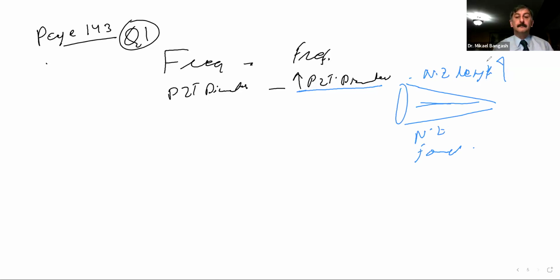Did that make sense? Because these are directly proportional to one another. We kept the frequency the same, but if we increase the diameter of the PZT, it means that as the focal length or focal depth will increase.